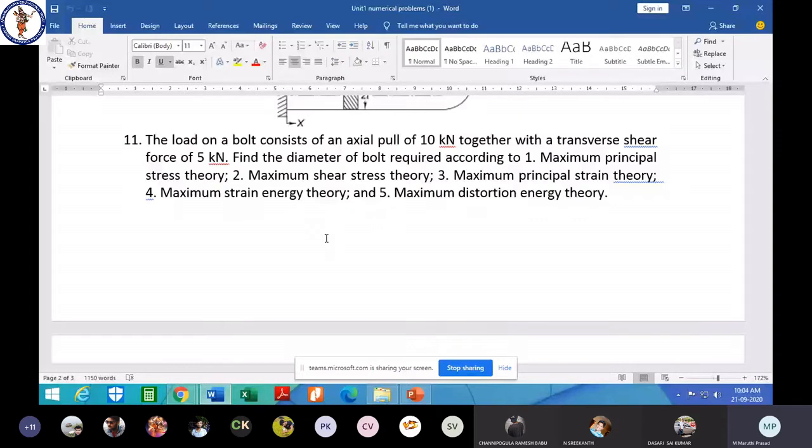The tensile stress is calculated by the formula load by cross section area of the bolt, and the shear stress is calculated by the formula shear load by cross section area of bolt. The cross section area is not given in the problem, so it should be with respect to diameter. That's what we need to calculate. So let us go for the solution.